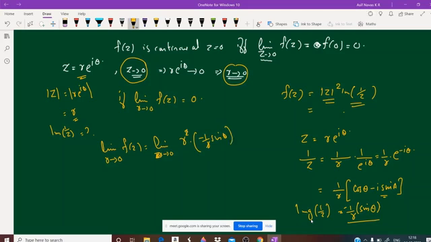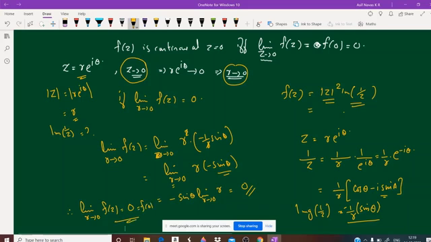So this is limit r tends to 0 of r into minus sin theta. Sin theta is a constant, so you can take it outside: minus sin theta into limit r tends to 0 of r, which is equal to 0. Therefore limit r tends to 0 of f of z is equal to 0, which is equal to f of 0.